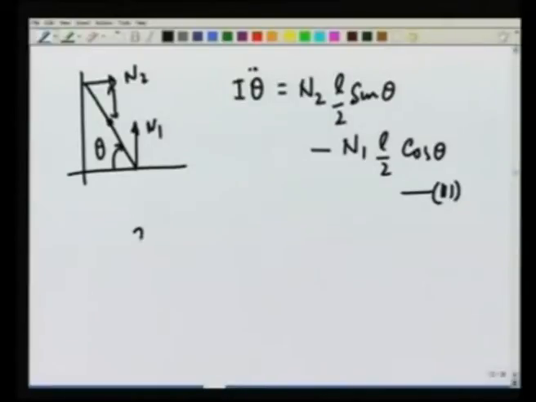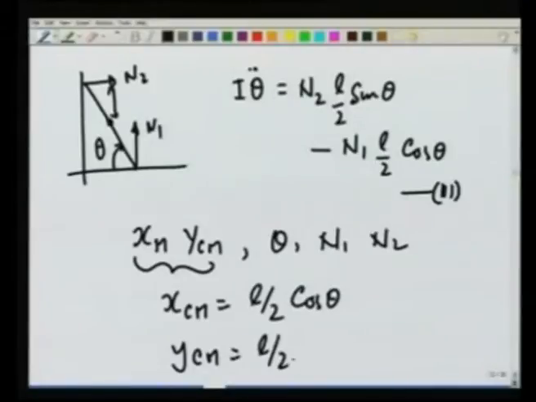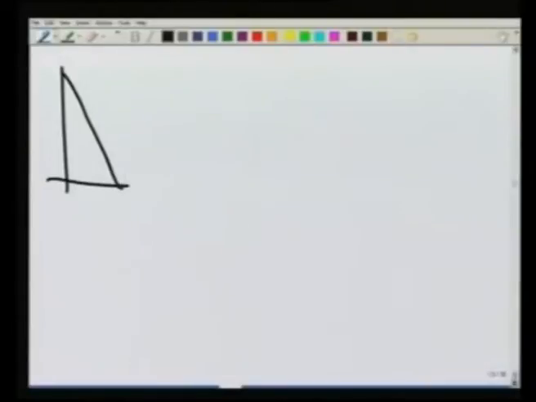but unknowns seem to be more: xcm, ycm, theta, N1 and N2. However, xcm and ycm are not independent, because as we saw, xcm is equal to L over 2 cosine of theta and ycm is equal to L over 2 sine theta. Let us now write expressions for N1 and N2.